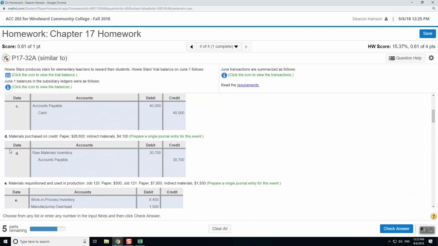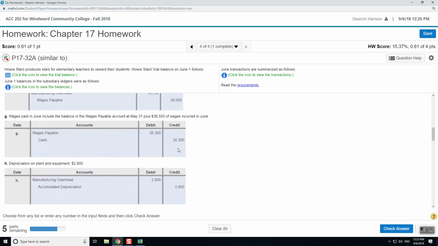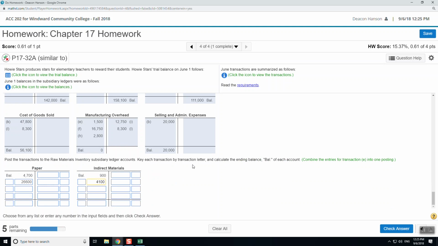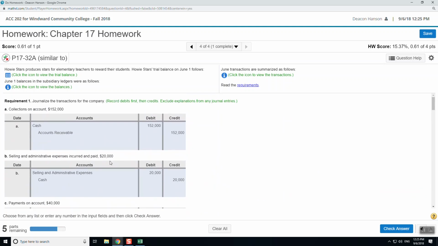That was transaction D. I believe that's what they want in there, the transaction letter, right? Yes, D. Okay. So what we're really going to be looking at is when the materials get used or bought. Okay, so let's see what else happens here.